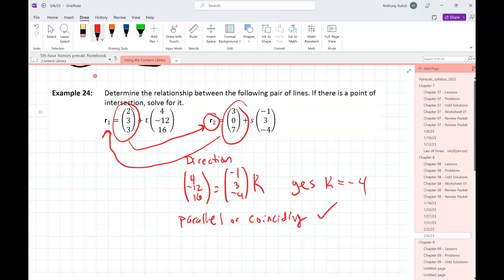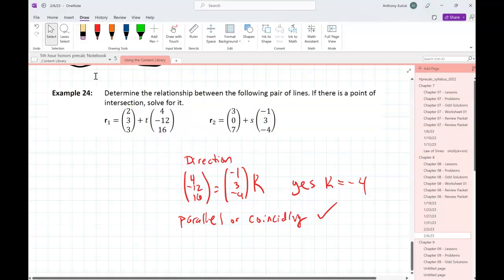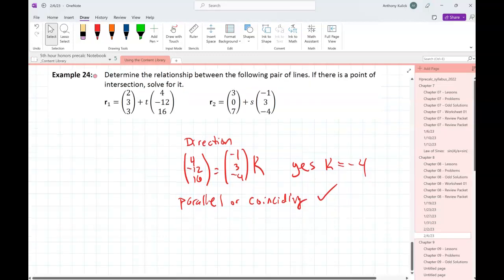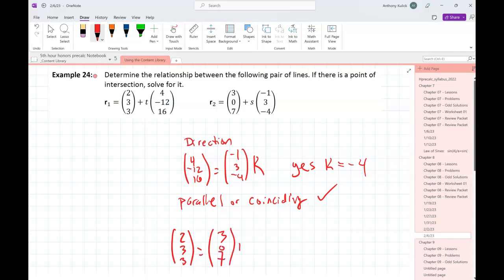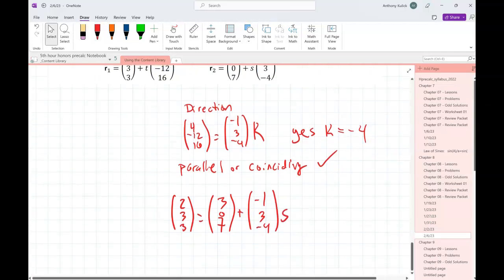It does not matter. You'll get the same result either way. So I'm just going to take that first point vector and plug it into the second equation. And we're looking to make sure we get the same S every time.